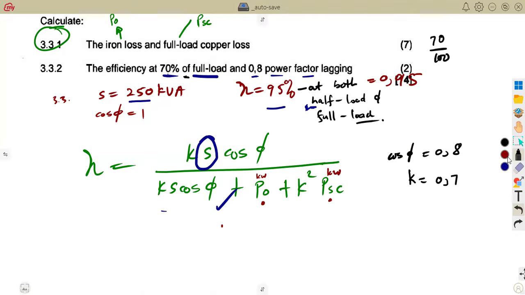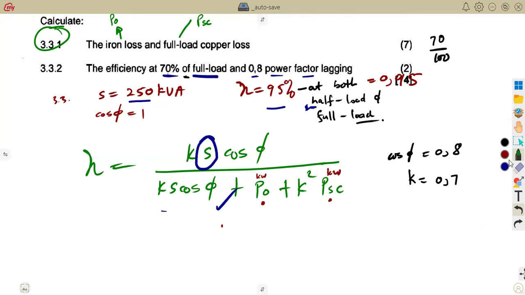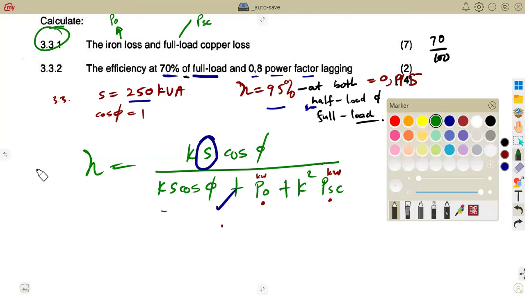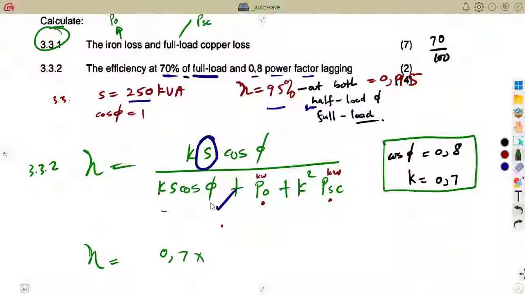We calculated this, so we're going to just substitute the values that we calculated as they are. So that's our efficiency, guys. K, remember, we are working with this condition, 70%. So that's 0.7 times S, 250 kilovolt amperes, times 0.8, our power factor.